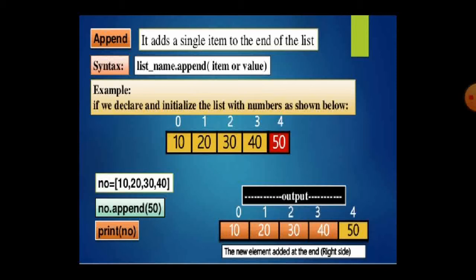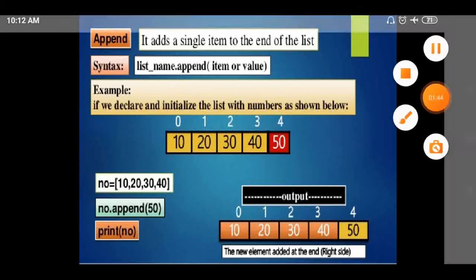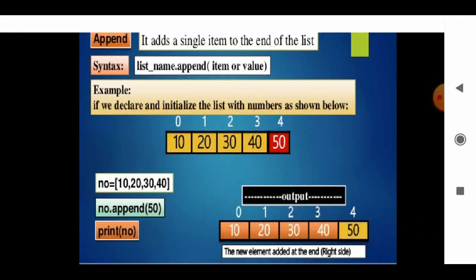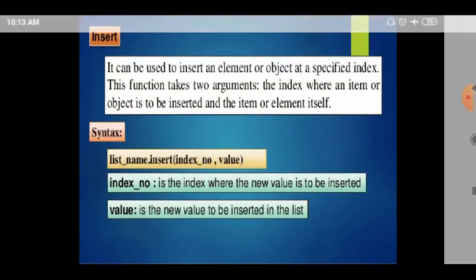For example, the list is created in the variable NO. NO dot append of 50. What is the value we have passed? 50. So 50 will be added to the list NO. Now print NO, and it will print the result. The append function adds a single item to the end of the list.